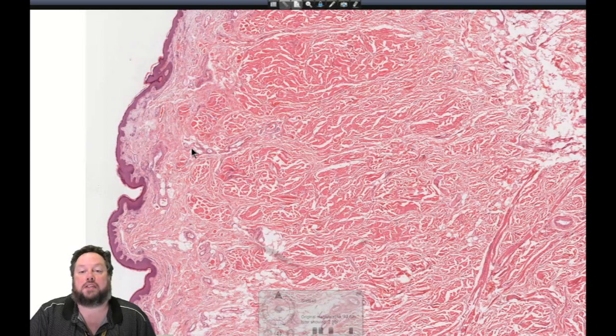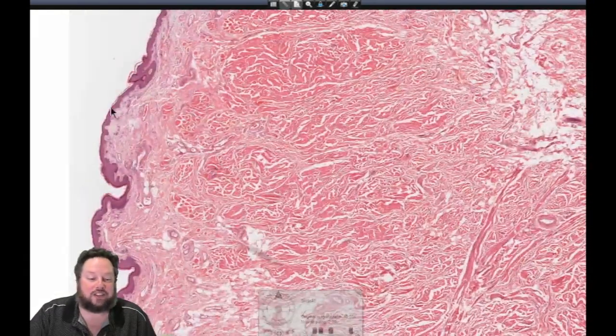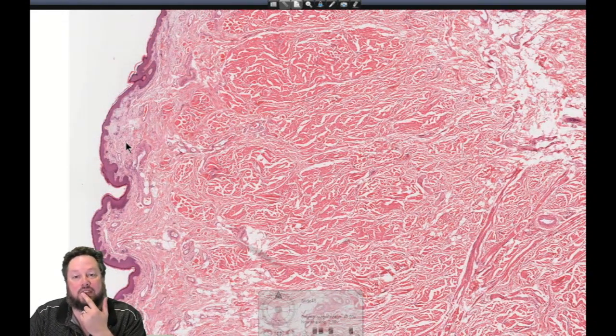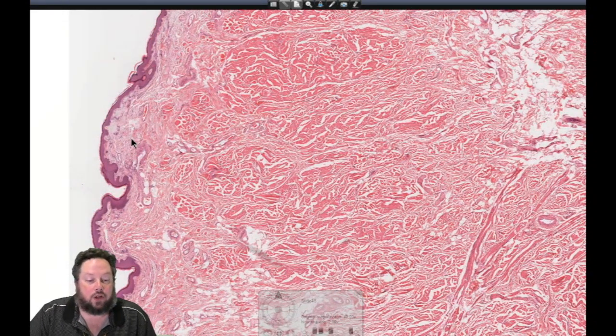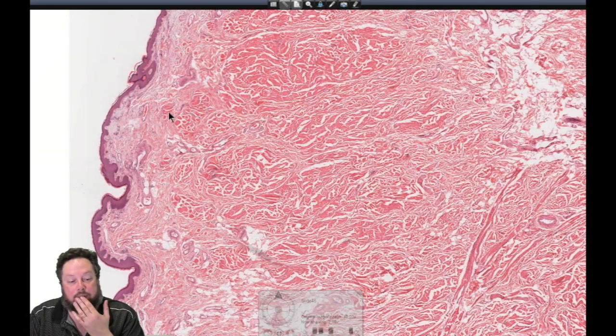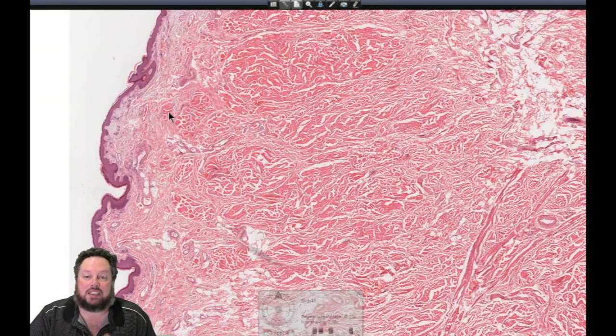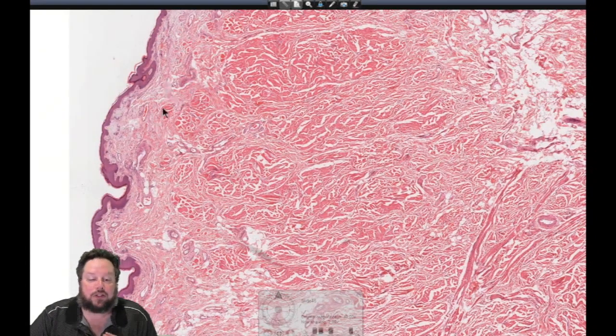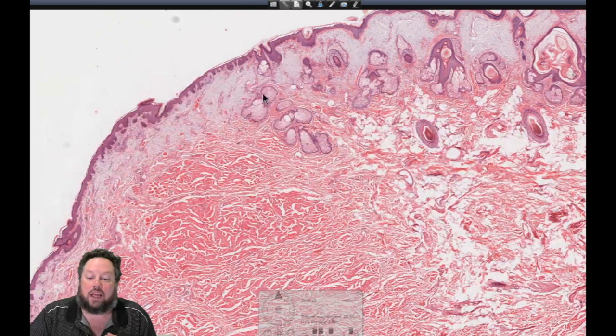I'm trying to move away from that terminology. You can ask me why a bit later. But so this is an area, this part of the lip, known as the orocutaneous border. It doesn't contain any glands, so it actually is a dry area, and in order for us to keep it moist, we actually need to keep licking our lips and so on. So there's no sebum like we have in the hairy skin.